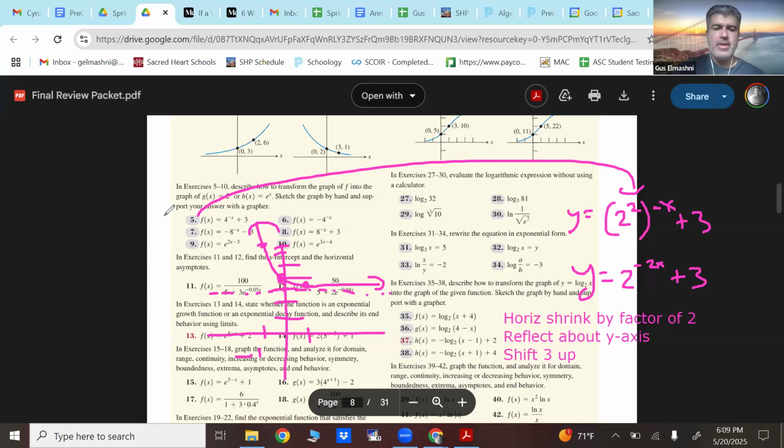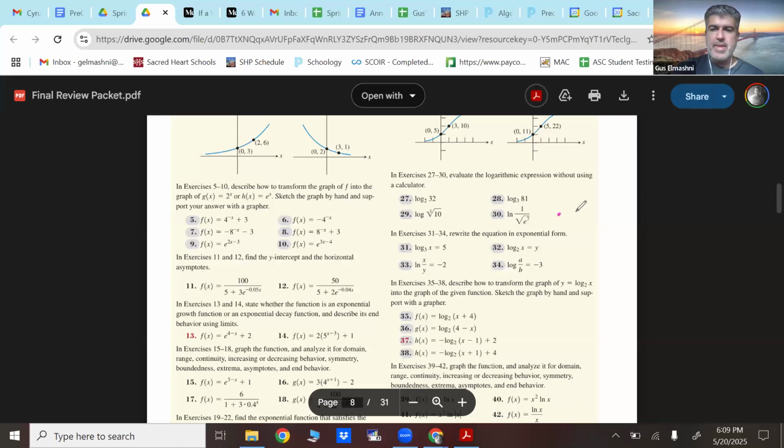Yeah. Ugh, man, it's just gonna take a while to do these, but that'll be -2 squared raised to -x. So again, if I plug in 0, I should get -1, actually.